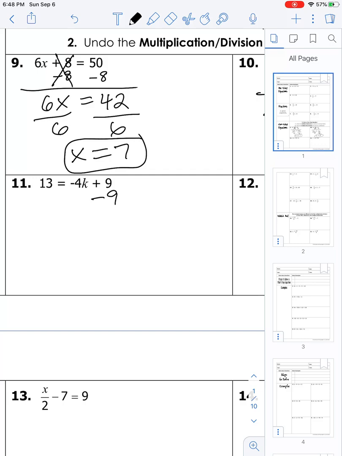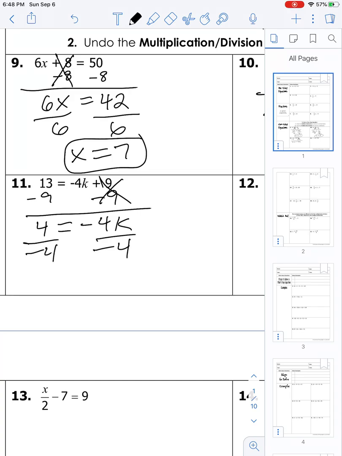So we're going to subtract it to the other side. So that gives us 13 minus 9 is 4 equals negative 4k. And then we're going to divide by negative 4. And we're going to get negative 1 equals k.